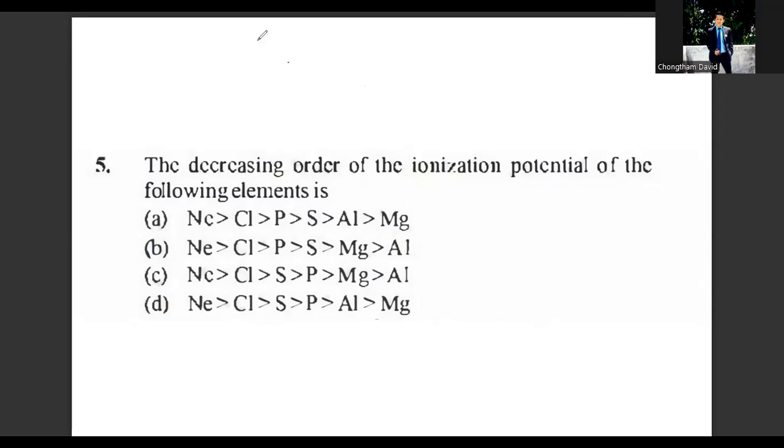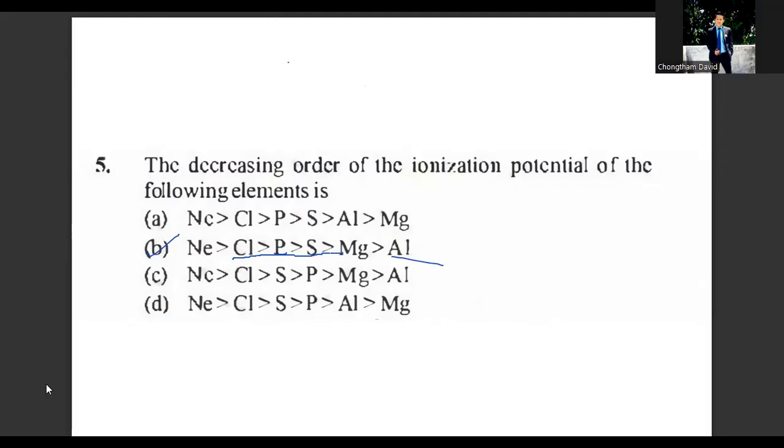These are the reasons for the higher value of ionization enthalpy. So the first one would be neon definitely because it has a closed shell, and phosphorus has half filled. So when you do the arrangement, neon will be the first, chlorine followed by phosphorus, sulfur, magnesium, then aluminium. So this would be the answer for question number 5.